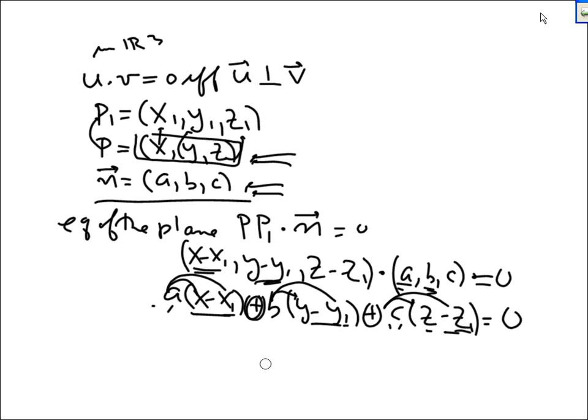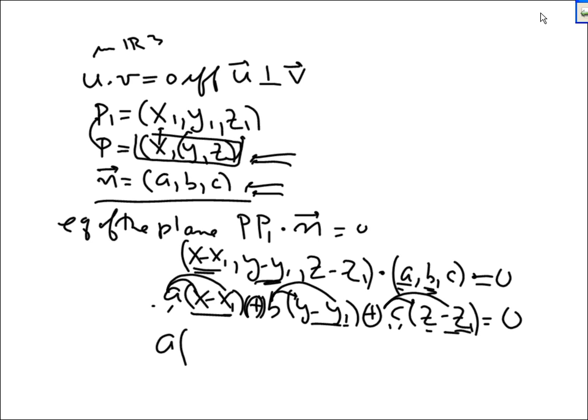One of them is the point, and one of them is the perpendicular vector to the plane. You have A times x minus x1 plus B times, try that again, sorry.